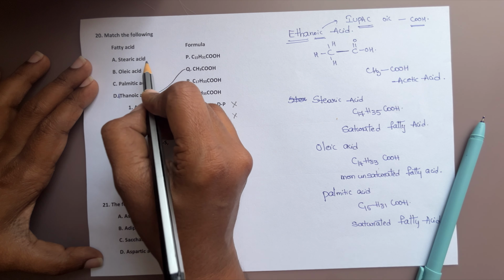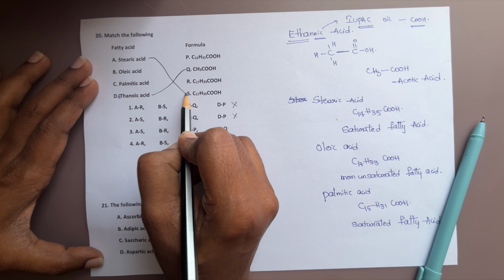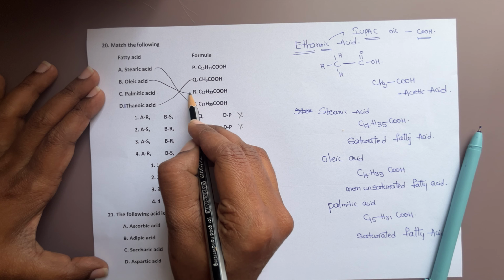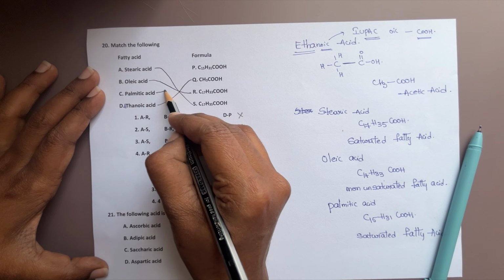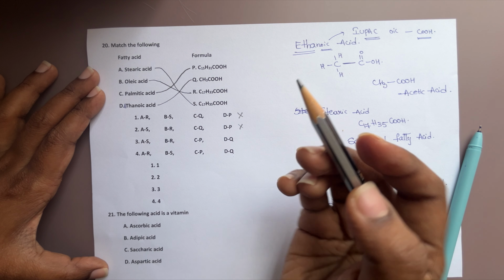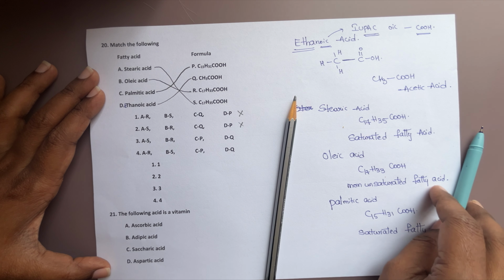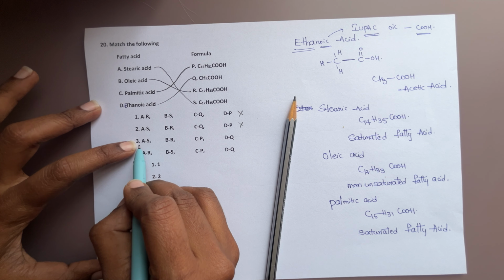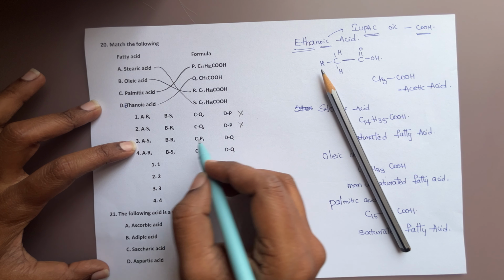So stearic acid is C17H35COOH. Oleic acid is C17H33COOH. Palmitic acid is C15H31COOH. So A is S. D is Q. So option number 3 is the answer.